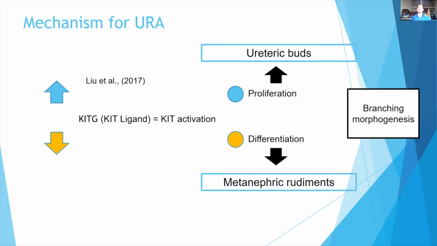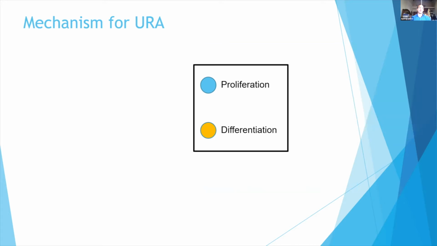Those two processes are key in kidney organogenesis, since proliferation is required for ureteric bud invasion and differentiation is required for metanephric mesenchyme differentiation. A balance between those two processes is required for normal branching morphogenesis, which is required for organogenesis of the kidney. So this balance between proliferation and differentiation is key.